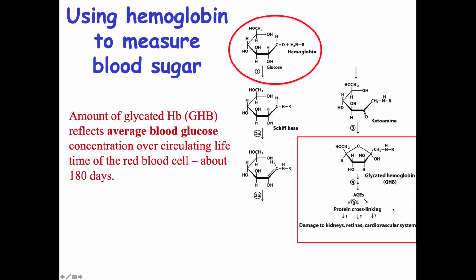You get changes in protein complexes and protein structure, and these AGEs cross-link with critical proteins, and they cause damage to kidneys, retinas, and the cardiovascular system. And again, that's why it's so important to get these high blood glucose levels under control.